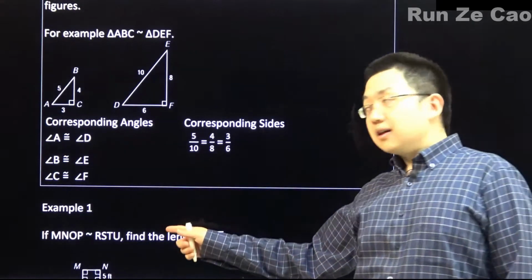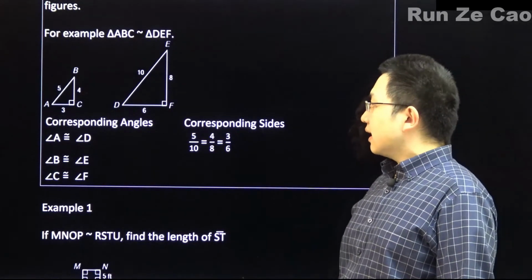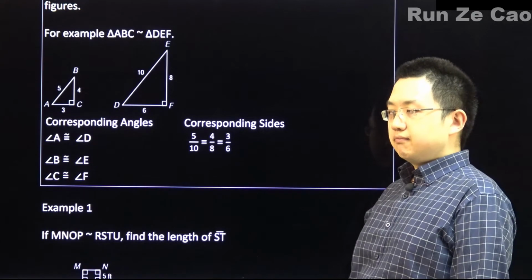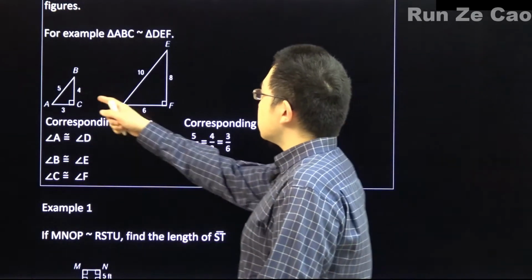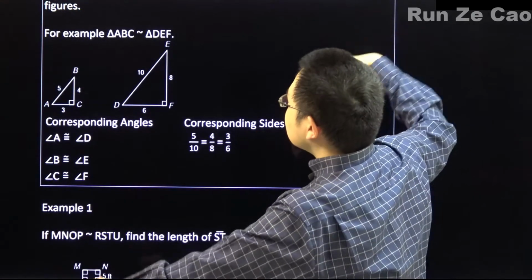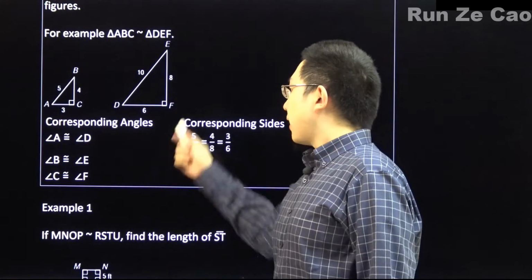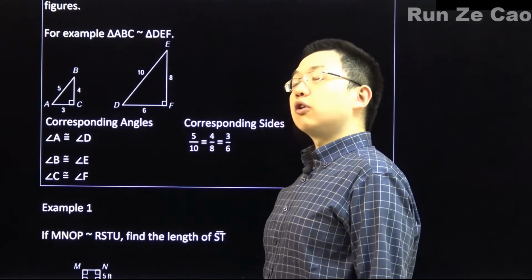And the ratio of the sides is going to be the same. So basically, you stretch this shape by a factor of however much, all the sides are multiplied by the same amount, or all the corresponding sides.